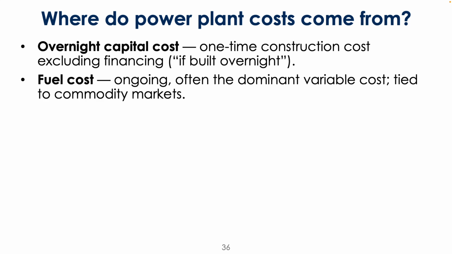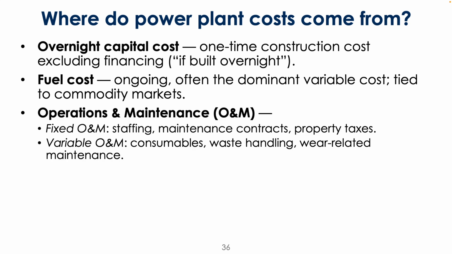Fuel costs. This is oftentimes the dominant variable, and that's tied to the cost of the fuel in the market. You also have operations and maintenance costs, and we divide this into two categories: fixed and variable O&M.